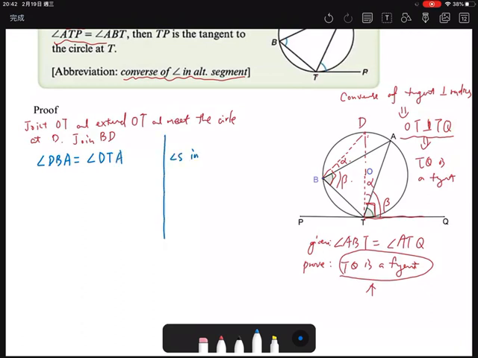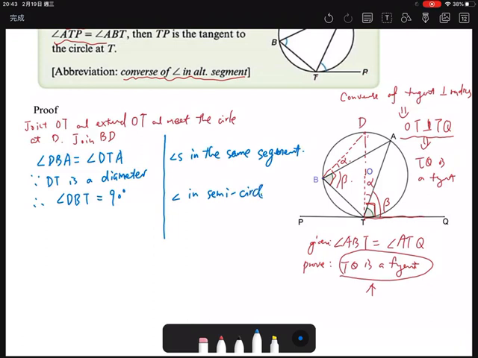The reason is angles in the same segment. And also because DT is a diameter, so angle DBT equals 90 degrees, angle in semicircle.